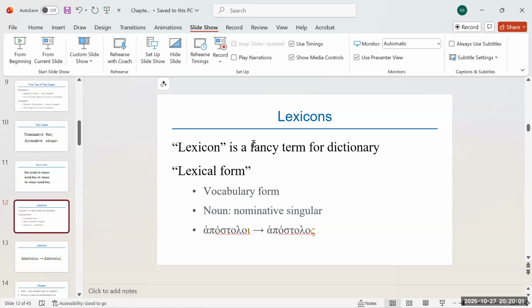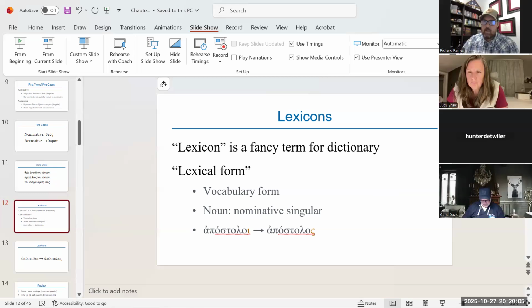Does that make sense? If I tell you to give me the lexical form, you understand what I mean: you're telling me the original form that you learned of that word. So in your vocabulary words, you're not learning apostoloi. You're learning apostolos, and you're learning that it means apostle.